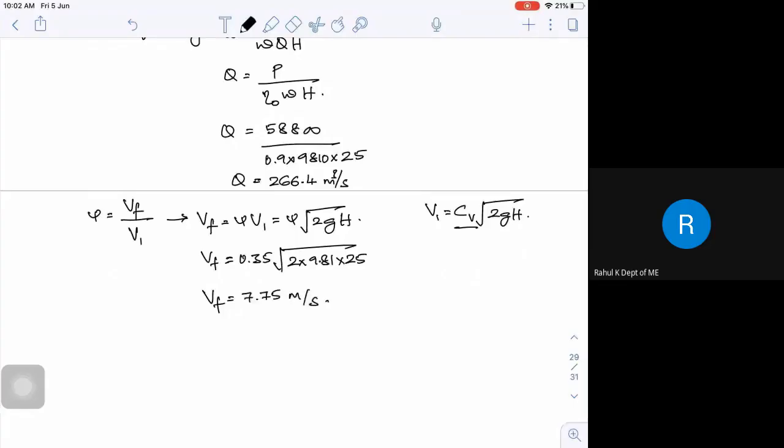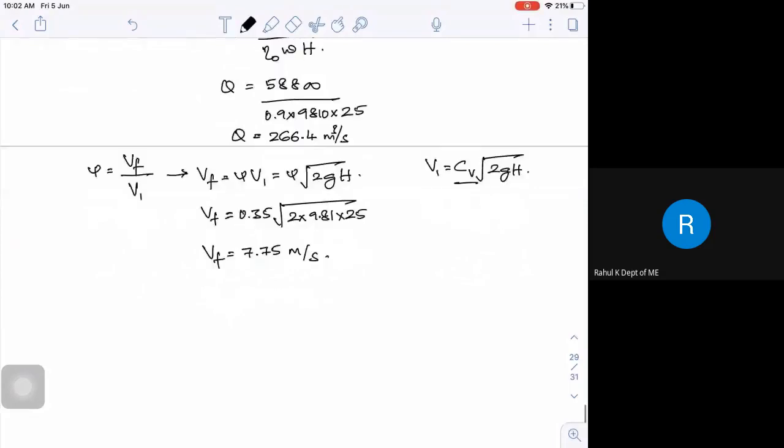Now, for a Kaplan turbine, Q is given by the discharge. I was telling you that the flow is exactly axial in this case. So this will be your area of the flow into the velocity of the flow.